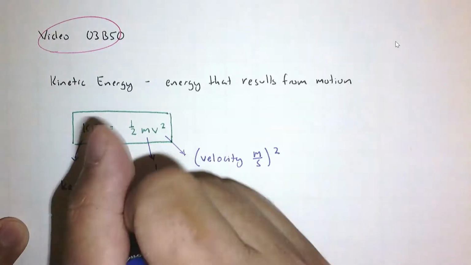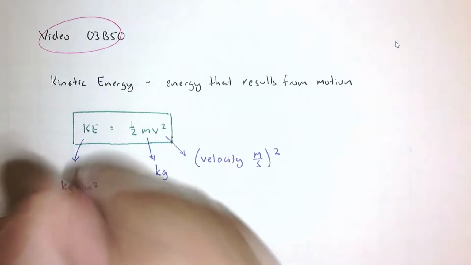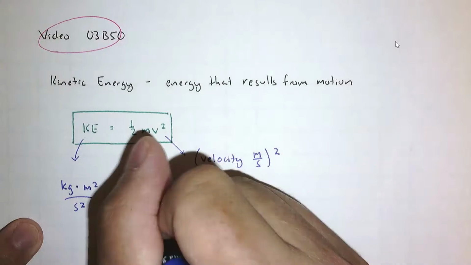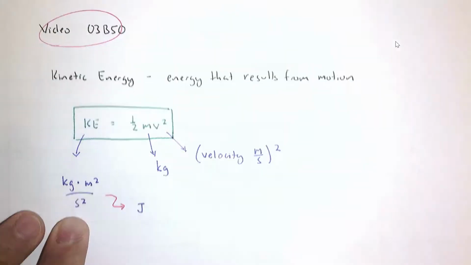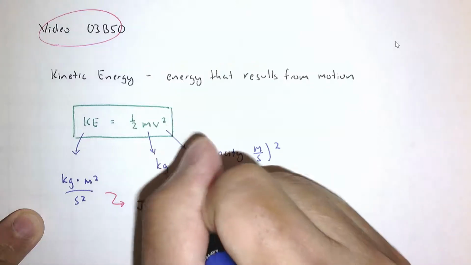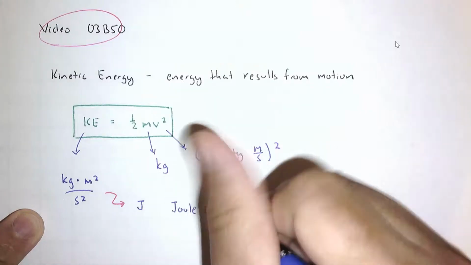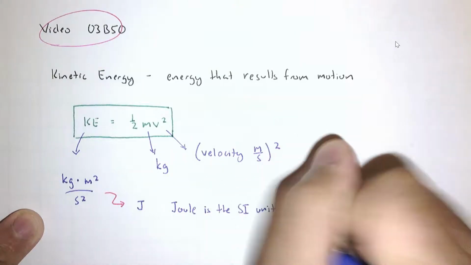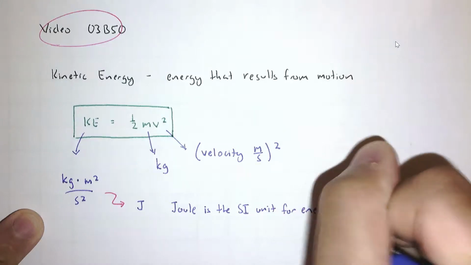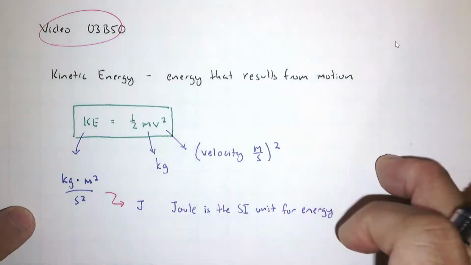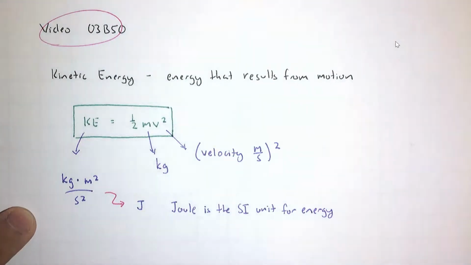But this also can be simplified into an energy unit called the joule. So all of that equals joules, and a joule is the SI unit for energy. You may not be familiar with the joule to measure energy, but maybe you are familiar with the calorie.